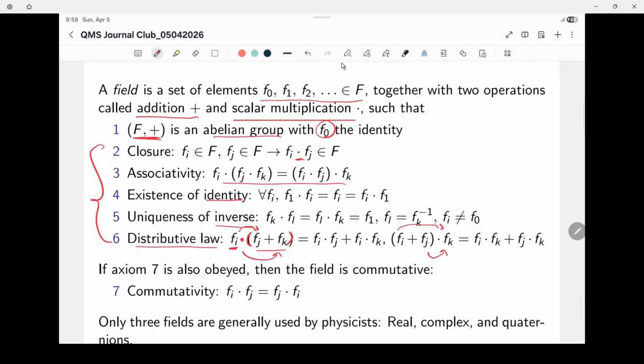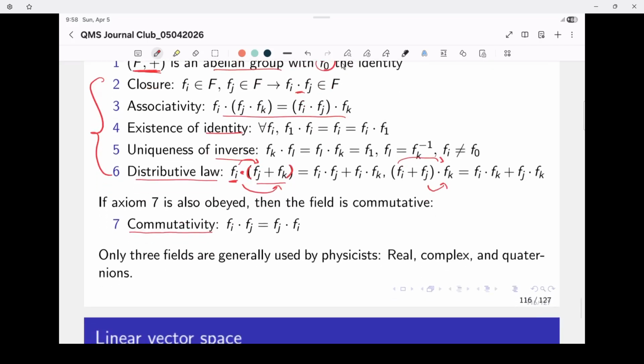Again, the same thing: if you satisfy commutativity, then your field is commutative. For physics, we basically just use these three fields. But if you do error corrections, you will also encounter what we call the finite field.